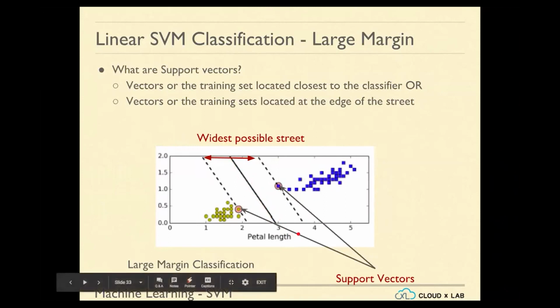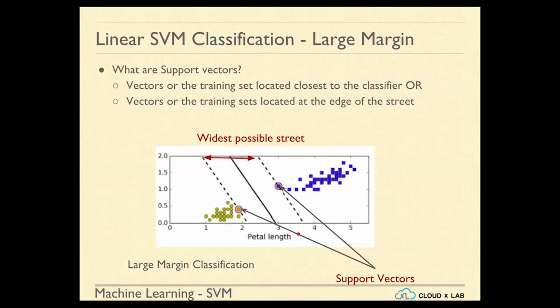As part of model finding, we find the widest possible street. Once we have found the widest possible street, we use the decision boundary, the central line, to classify something in one class or another. Just like we had different things to optimize earlier, like the regularization term while coming up with the model.